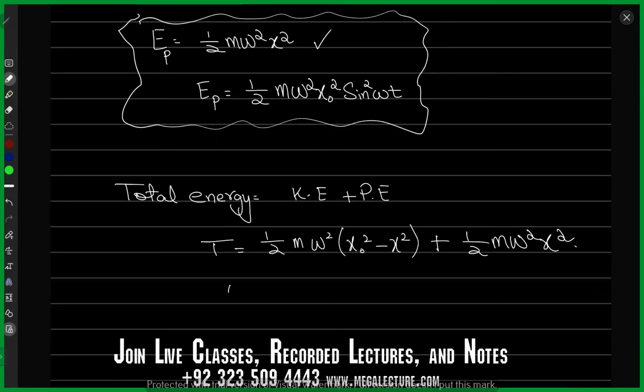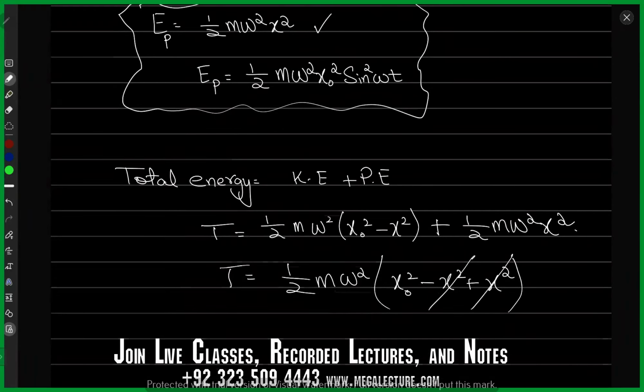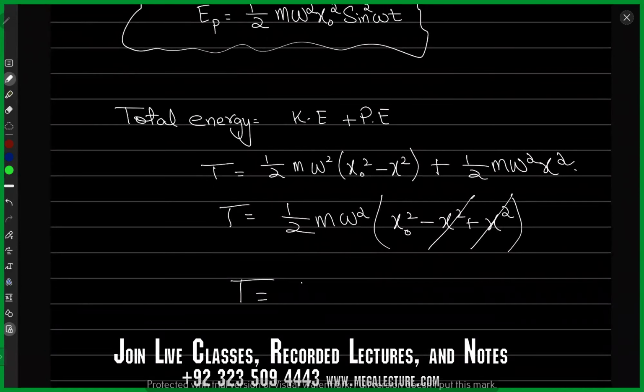So I can just factor some things out and write it as half m omega squared times x naught squared minus x squared plus x squared. You see that these x squareds cancel out because one is plus and one is minus, and the total energy of the system is half m omega squared x naught squared.